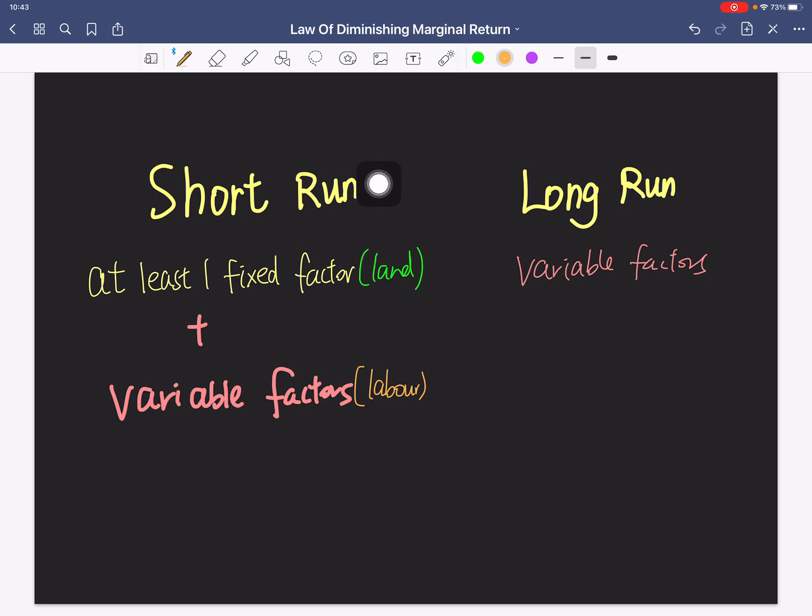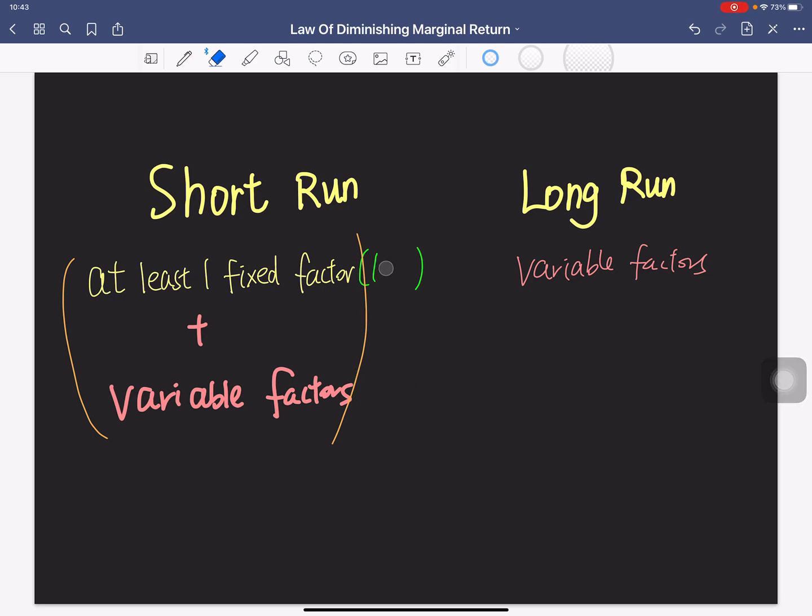So you have to be careful. Although it's called short run, the definition is like this, and it does not really have to do with time. It's just about whether we have at least one fixed factor, then we call it short run.